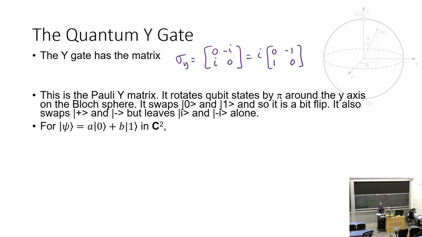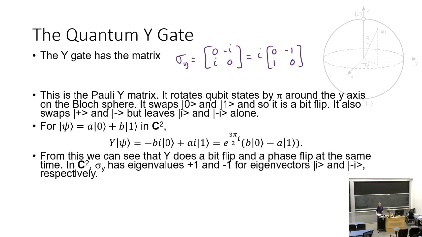So if we think about a quantum state that's in superposition, a|0> plus b|1>, then applying Y to that superposed quantum state gets me to minus bi times |0> plus ai times |1>, which I can re-express if I want as e to the 3 pi divided by 2 i times (b|0> minus a|1>).